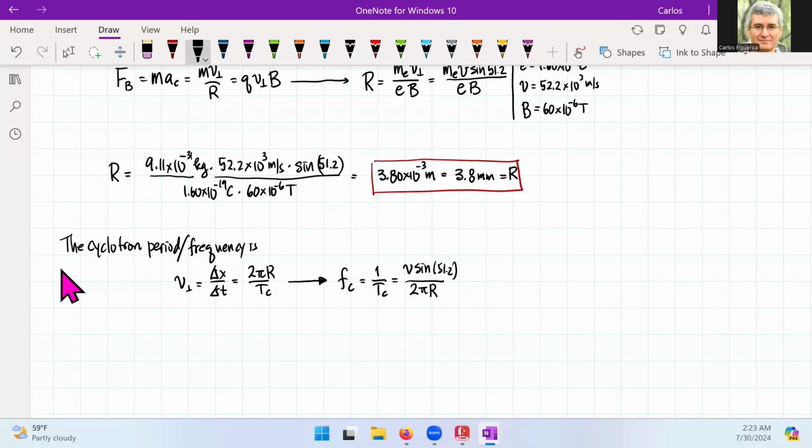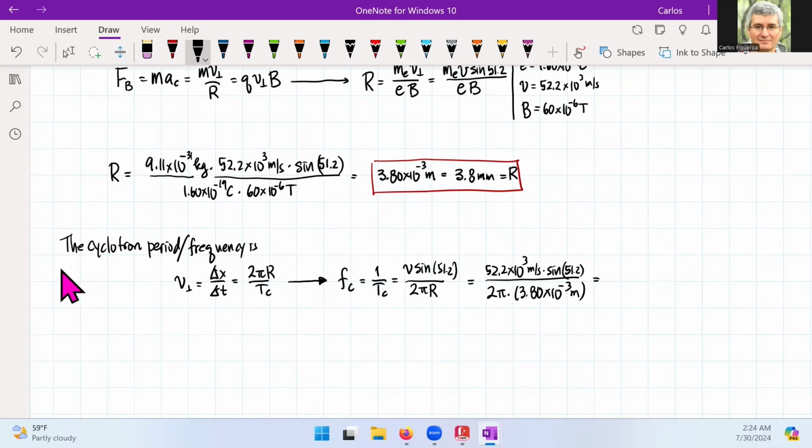Again, putting in my values, I'm then going to have 2 pi times 3.80 times 10 to the minus 3 meters up here, I'm going to get 52.2 times 10 to the 3 meters per second times the sine of 51.2.